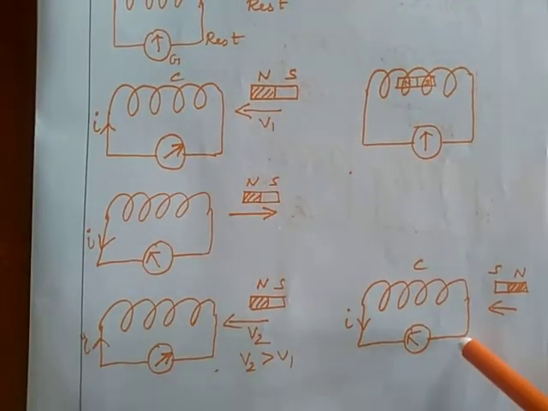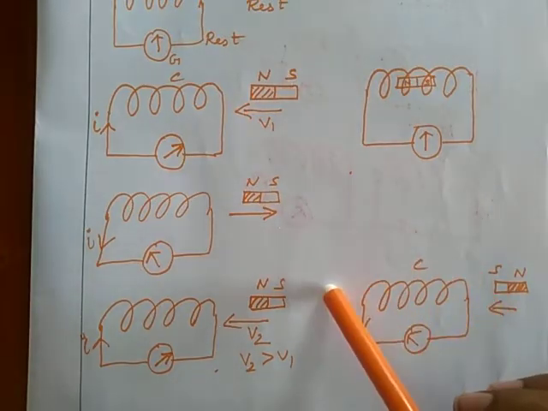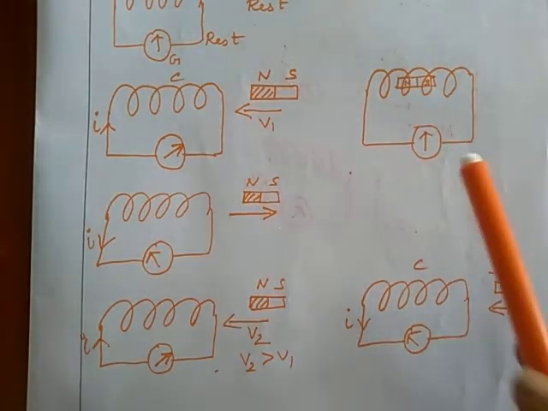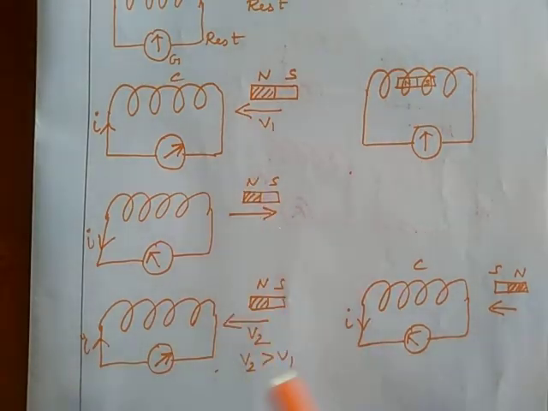By observing this experiment, we can conclude that whenever the magnet moves, we can see deflection in the galvanometer. Whenever the magnet moves, it produces a current, so that it produces deflection in the galvanometer.